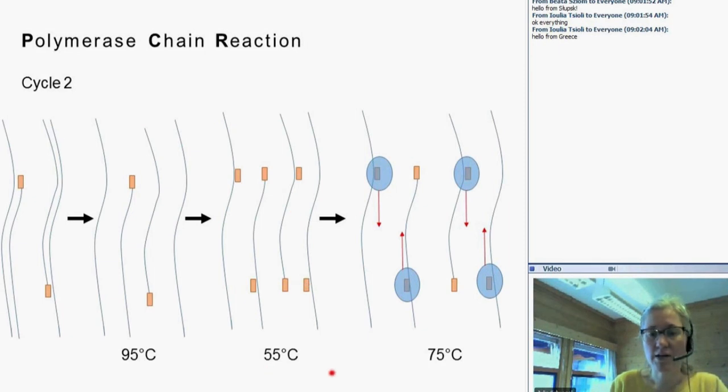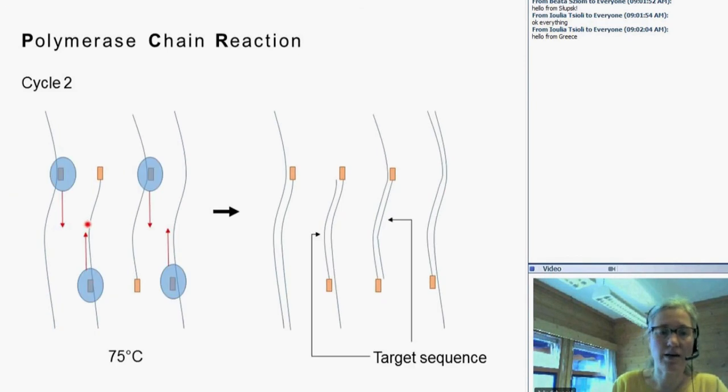Then we heat again, but to 75 degrees, and then the polymerase comes, attaches itself to the marker, and travels along the string of the DNA here and builds up a replicate. And then in the end, just to remember, it goes in this direction and down here and up here. And then we have something after cycle 2 that looks like this.